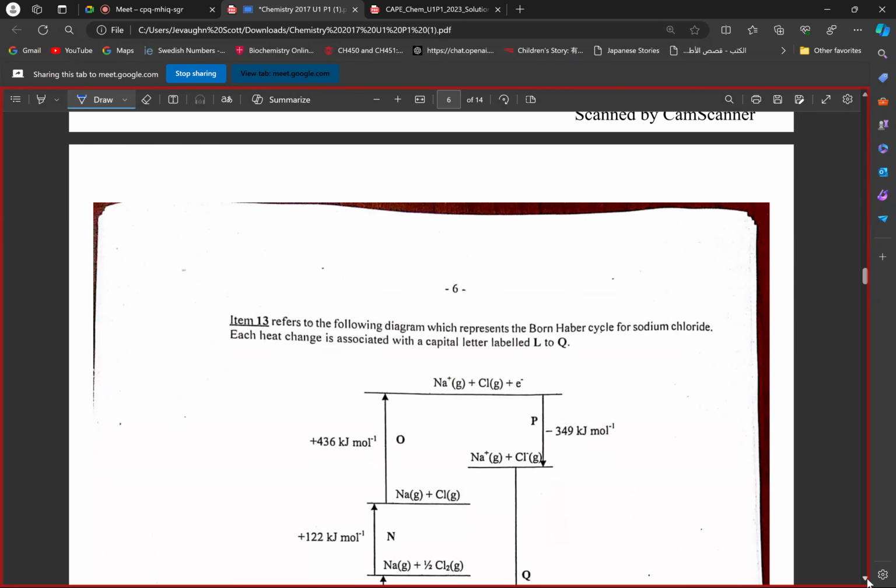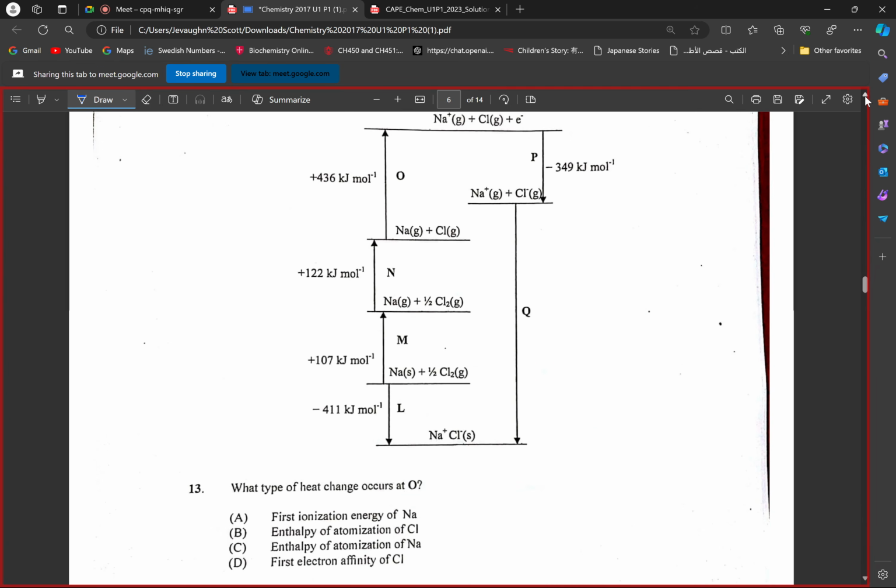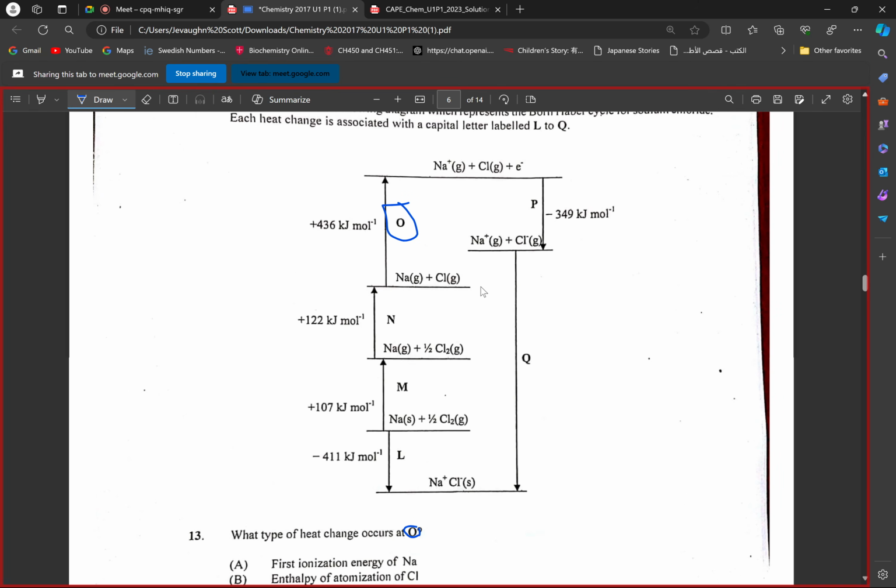Lovely. So let's look at this now, the Born-Haber cycle, which is a repeat question. What type of heat change occurs with O here? Sodium and chlorine at gaseous stage become ions, right? What's happening here now?